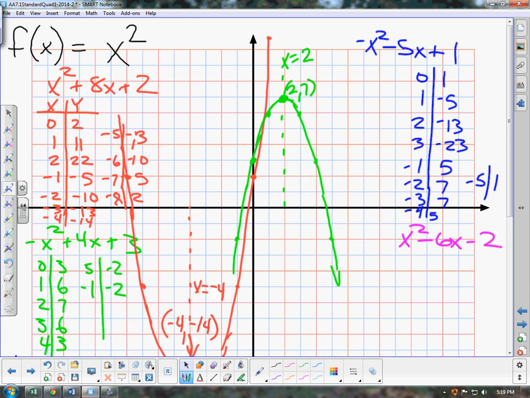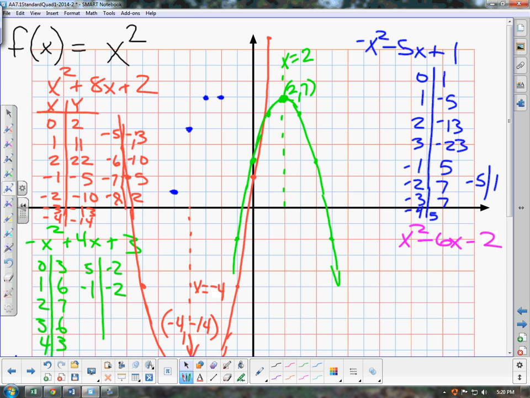So negative 5 is 1. Negative 4 is 5. Negative 3 is 7. Negative 2 is also 7.